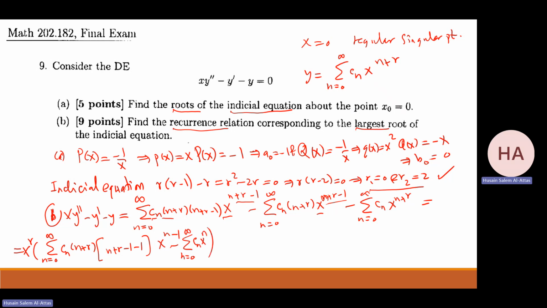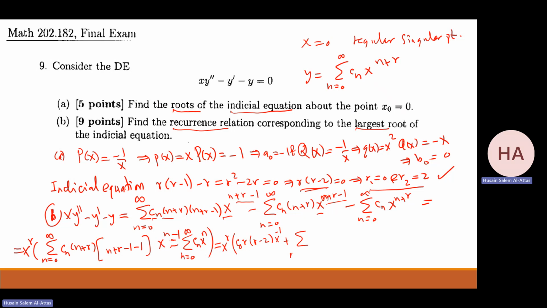Okay, so I open the first one. This is negative power, this is 0. So I'll open the first power, x to the power r. I have what? To get the indicial root, which should be the same: that will be C0 times r times r minus 2, which is the same equation. X to the power minus 1, I don't care about that.